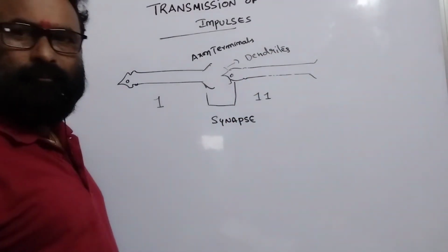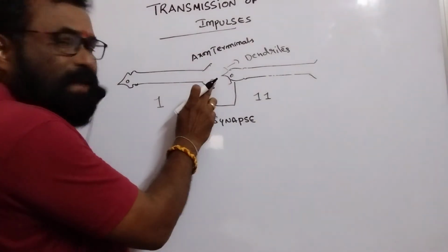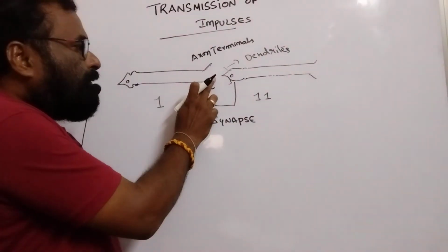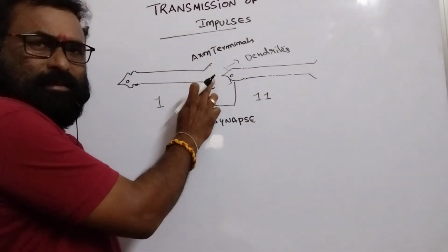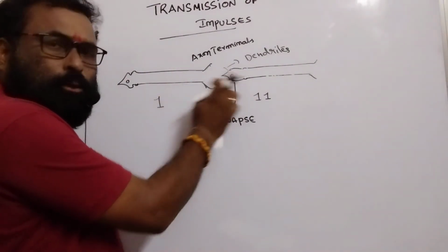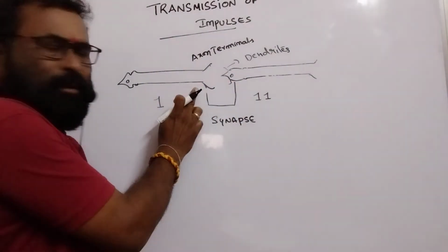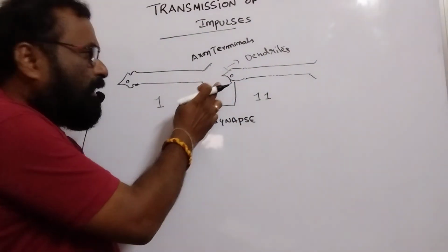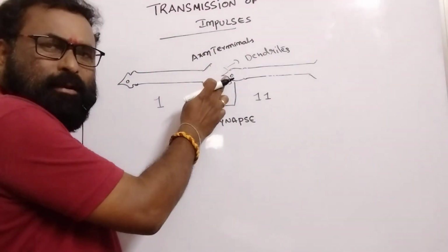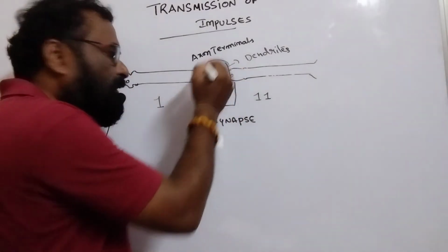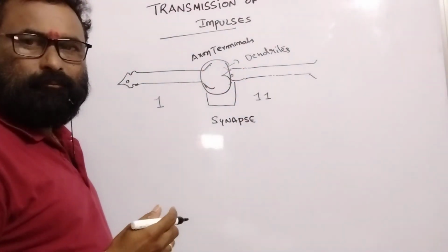Synapse is a gap that is seen in between the two neurons. One neuron's axon terminal and another neuron's dendrites participate here in forming this junction.